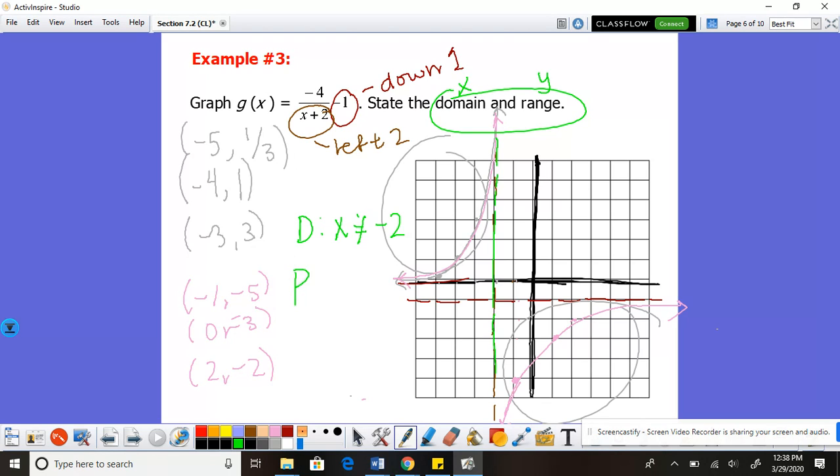And my range then, now I'm talking about my y value, so up and down. Now my y can be everything except, this would go down here. My y can be everything except this right here. So my y is not equal to -1.